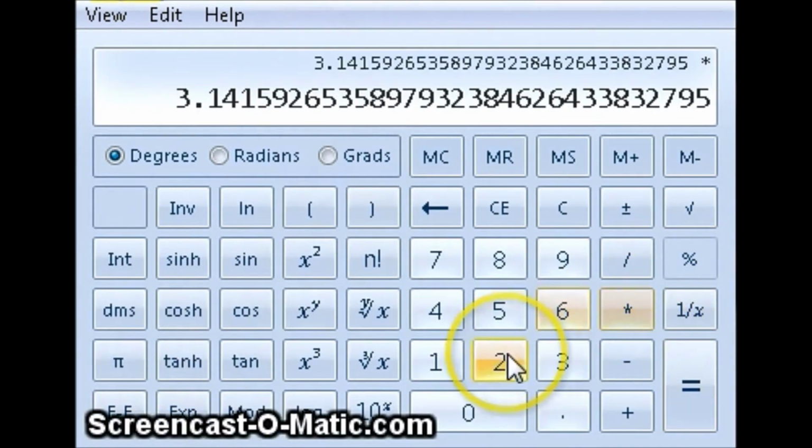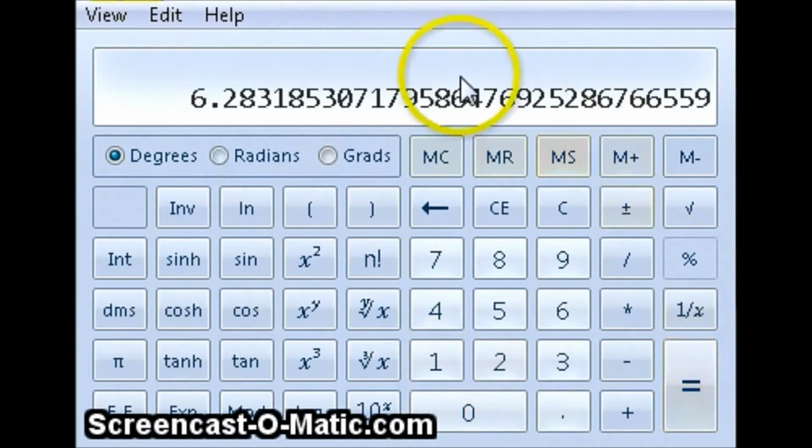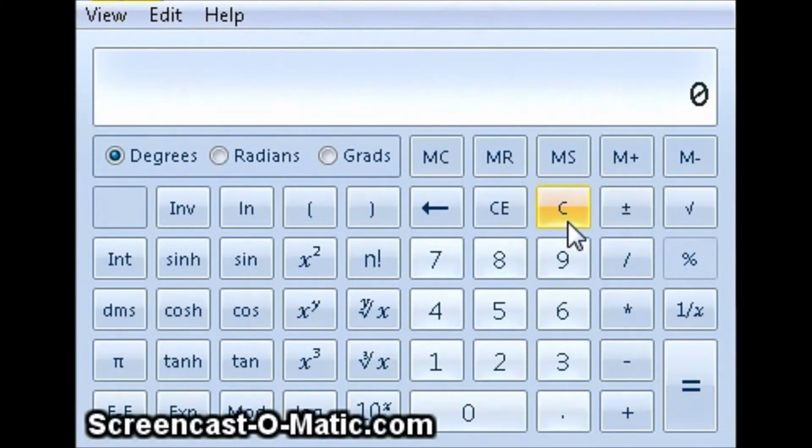So let's get to the real part. I did this in one of my other videos. If you follow the videos on my channel, you might have seen that I made a video on a calculator test with pi multiplied by 2.